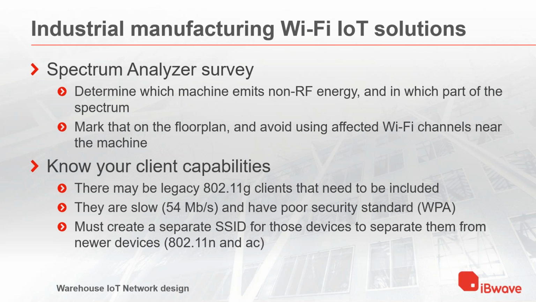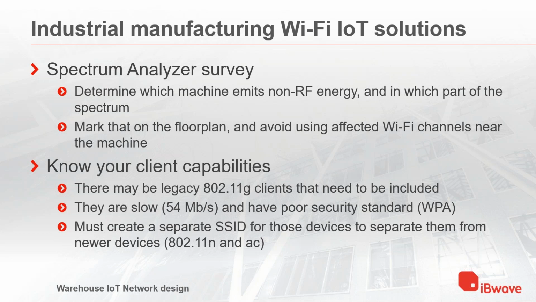It is a good idea to do one at warehouses as well, but at industrial manufacturing it is a must. This is done to determine which machine emits non-RF energy and in which part of the spectrum. And this should be marked on the floor plan to avoid using affected Wi-Fi channels near the machine.